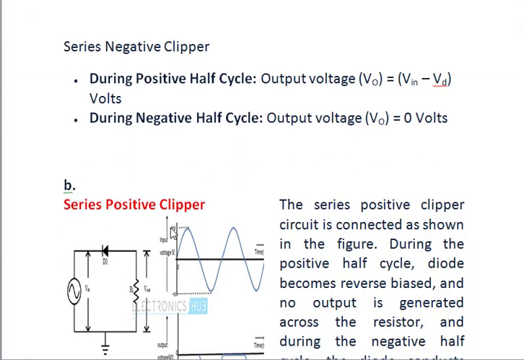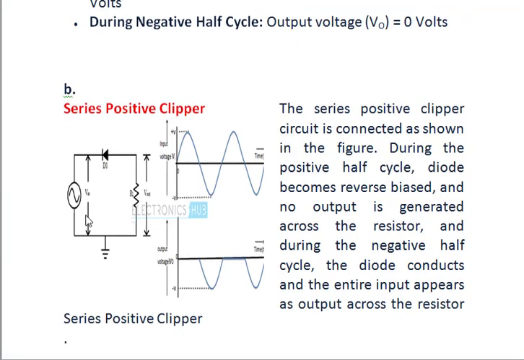Now let's go to the series positive clipper. See here, this circuit also consists of a waveform generator, that is a voltage source, the diode and the resistor. Here, the diode is connected in reverse bias. You know very well what is reverse bias.